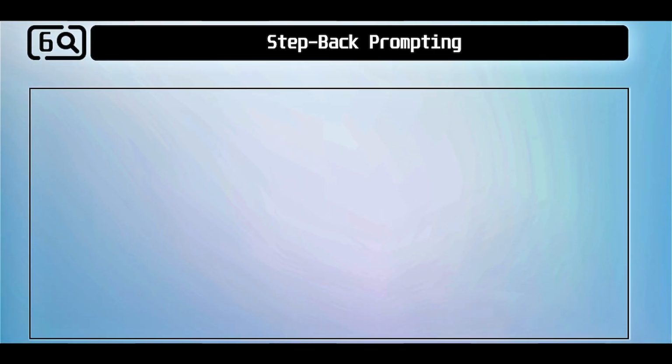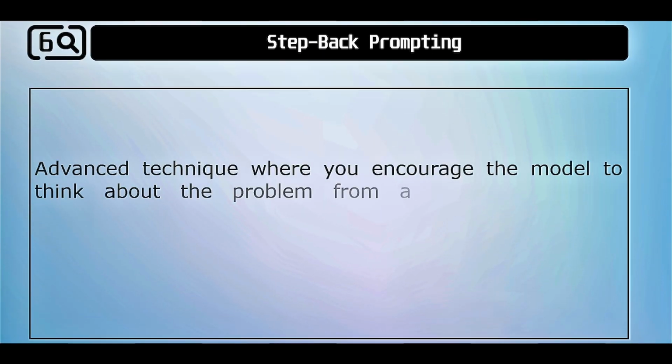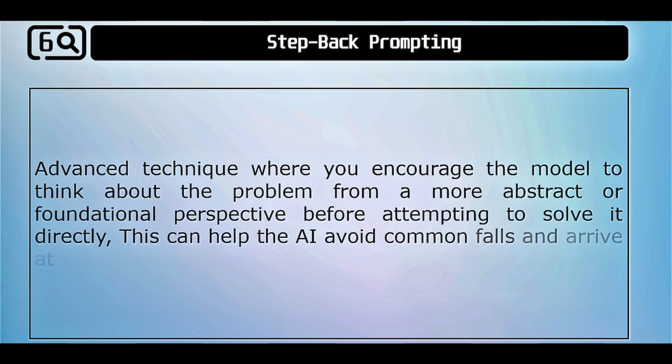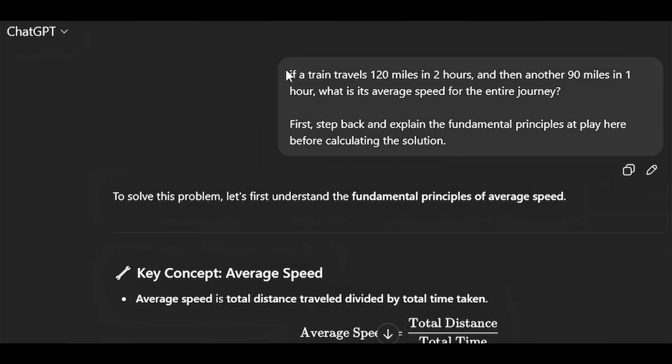For the sixth type we have step back prompting. This is an advanced technique where you encourage the model to think about the problem before attempting to solve it directly. For this type we will ask the model to generate and lay out the basics for a specific task, and then based on these basics we will generate a better solution. Here I have asked my question, which is: if a train travels 120 miles in 2 hours and then another 90 miles in 1 hour, what is its average speed for the entire journey?